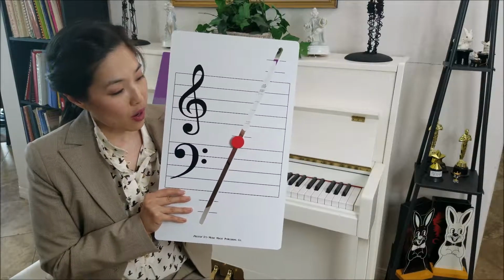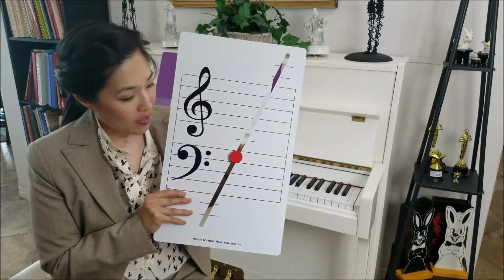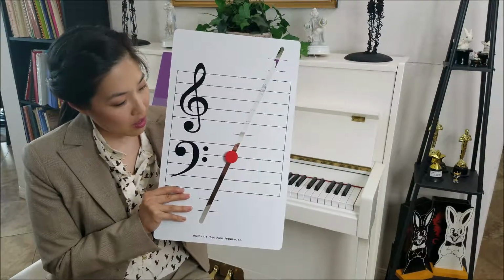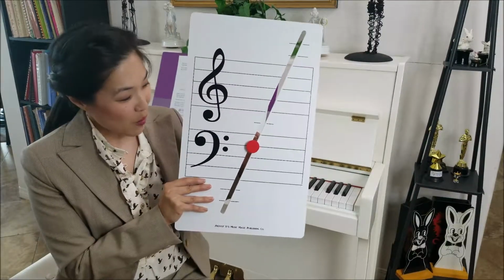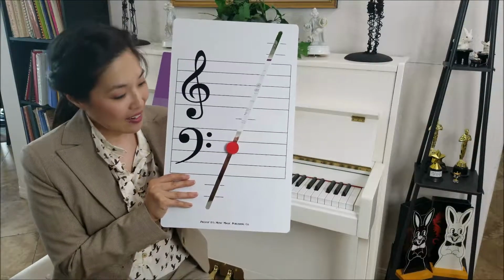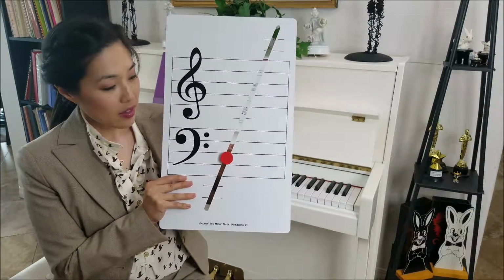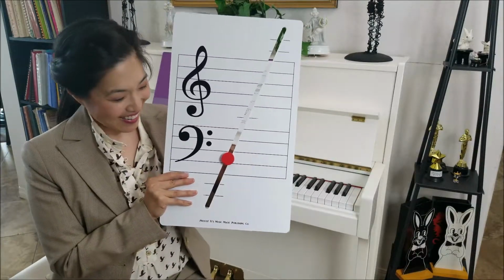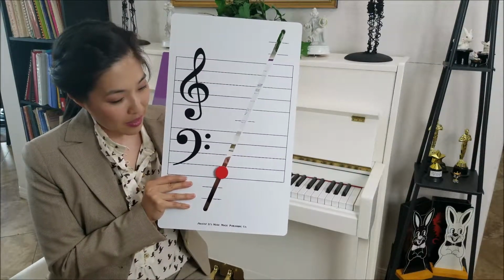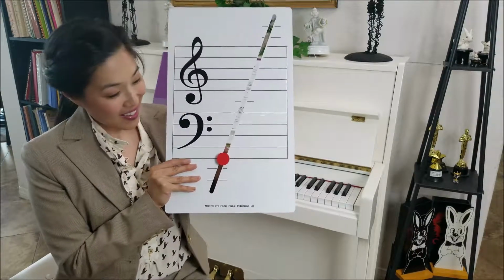We step down to the line, that's an A, and we step down to the space, that's a G. We step down to the line, we know that one, that's bass clef F. Step down to the space, that's an E, and then step down to that line, that's a D. Step down to the space, that's a C. Step down to the line, that's a B. Step down to that space, that's an A. And then step down to that line, that's a G.